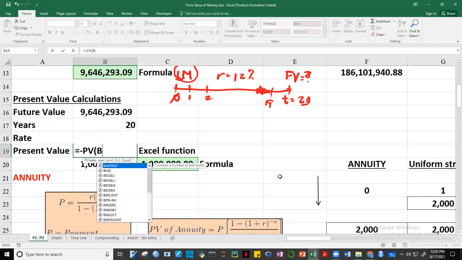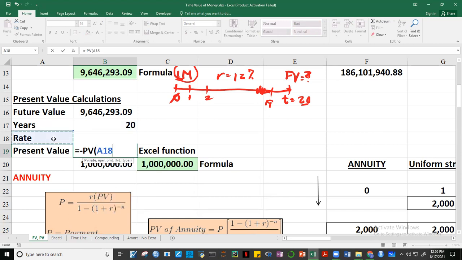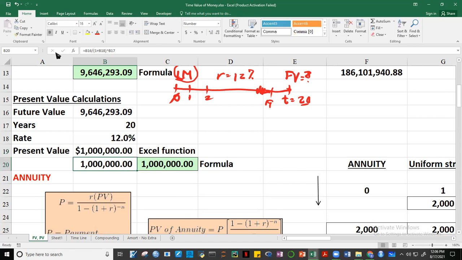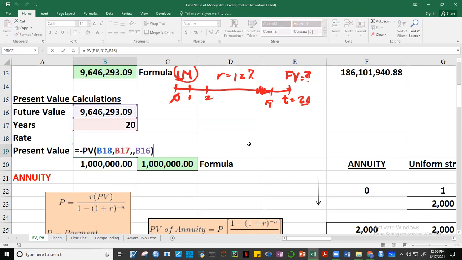Sorry. Na-miss ko yung una. Rate muna. Rate is B18, comma. Nper is 20, comma. There is no annuity. Walang PMT. So ignore. Future value is this amount, 9.6 million. And then type ignore because this refers to annuity. There. So same answer, guys. No? Whether we use the Excel function of PV or we use the formula, it will give us the same answer.